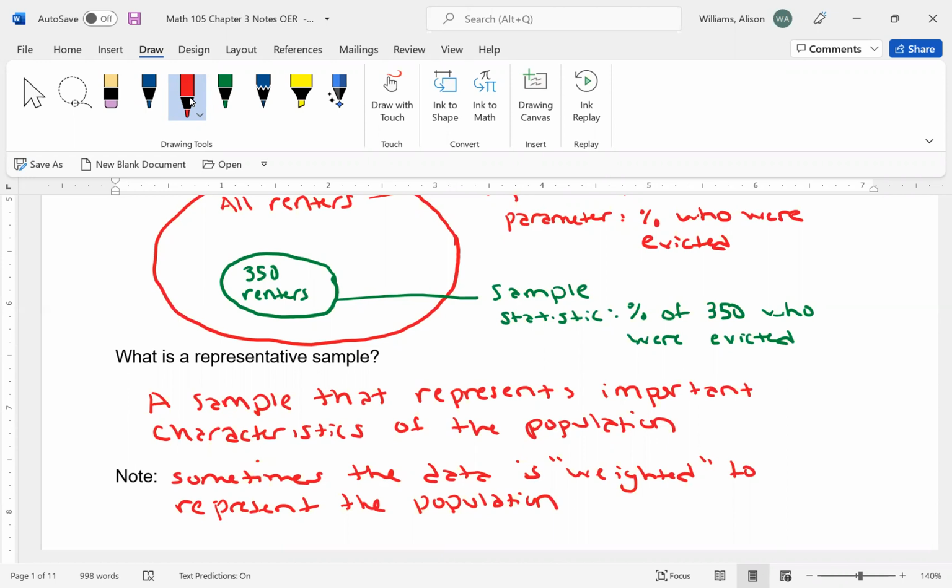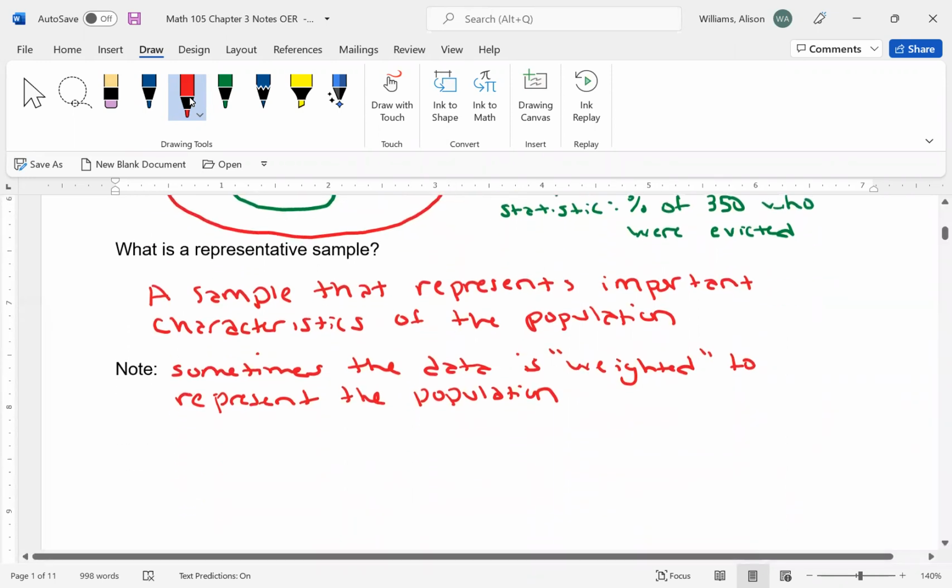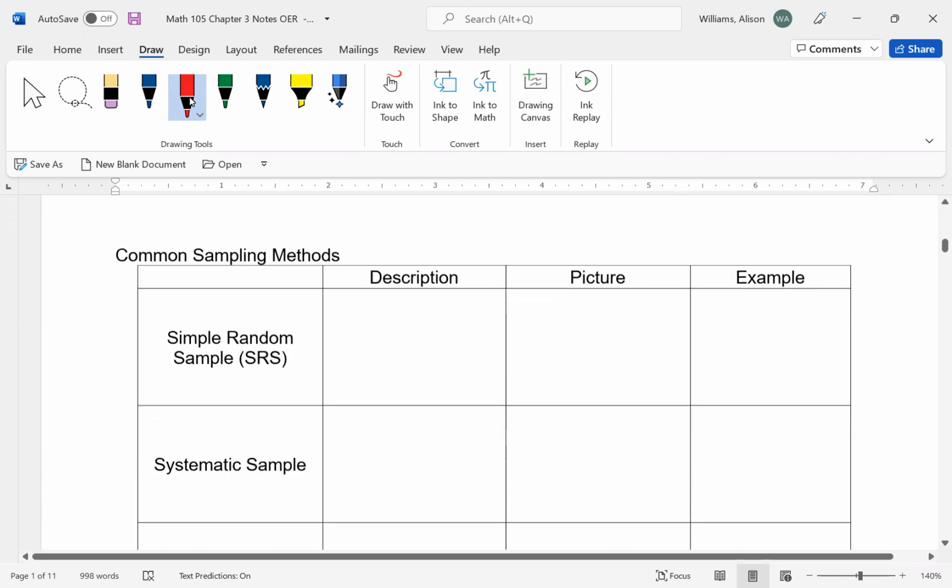That means then that I need to give more weight to the group that represents white, because it wouldn't be accurately representing the population. And that process we're not going to go into. I just want you to be aware that that does happen when samples aren't fully fleshing out the important aspects of the population that they want it to.